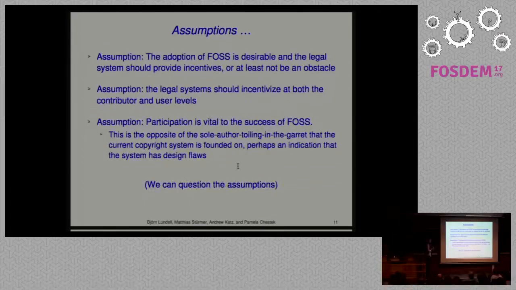Second assumption: the legal system should incentivize at both the contributor and user level. So we have a lot of layers here where we can impart pressure to incentivize. For example, it can be the individual contributor, or it can be the company that's using it. But there are multiple layers going on here.